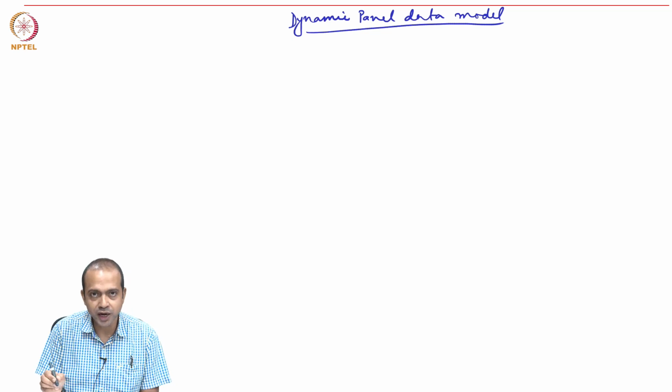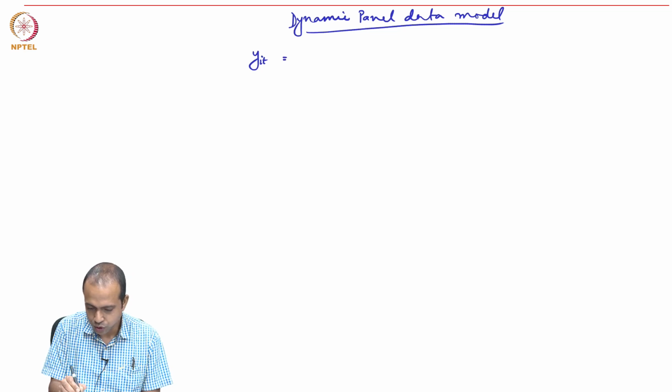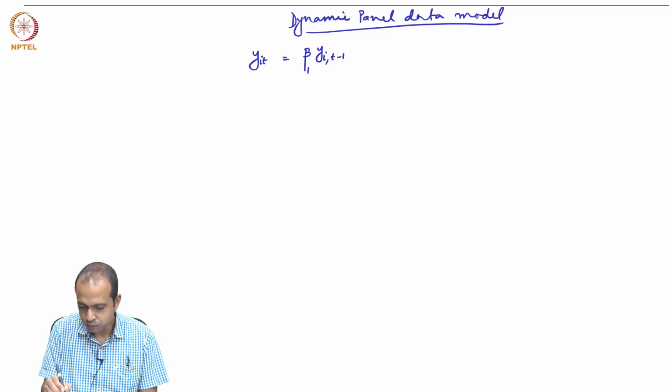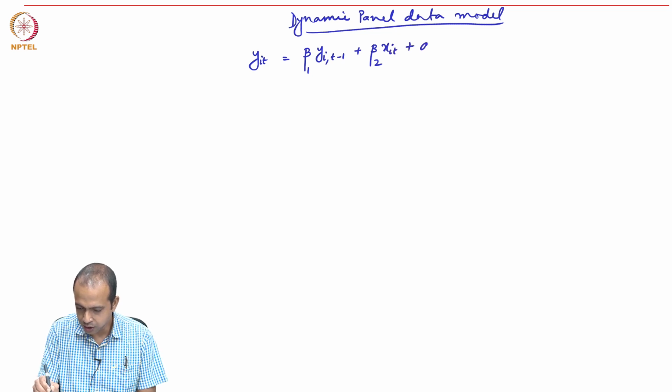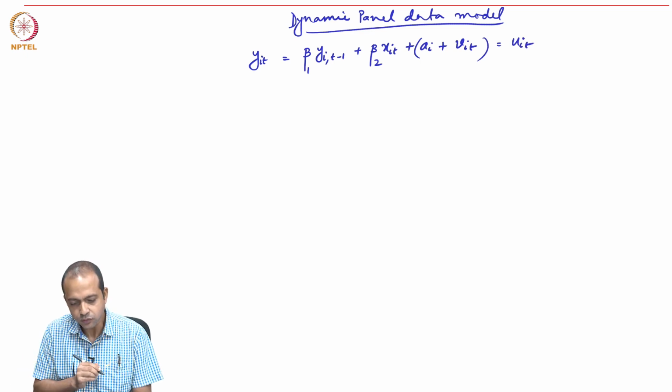So, we model the dynamic panel data in this way: Y_it equals beta 1 Y_i,t-1 plus beta 2 X_it plus a_i plus v_it, where a_i plus v_it is the composite error term, which we denote as u_it.